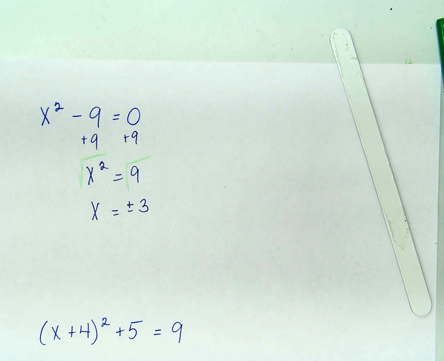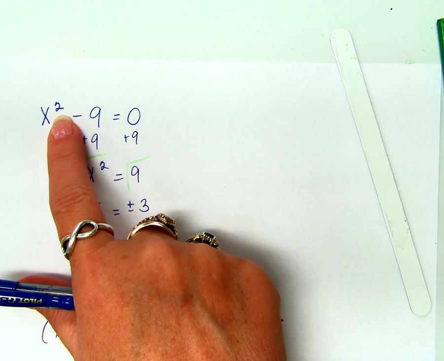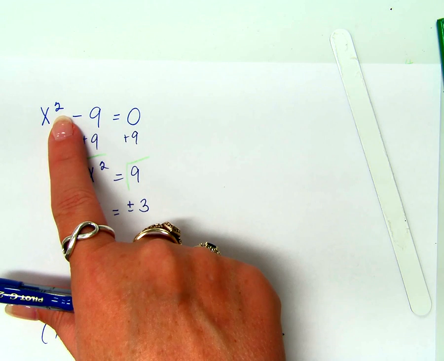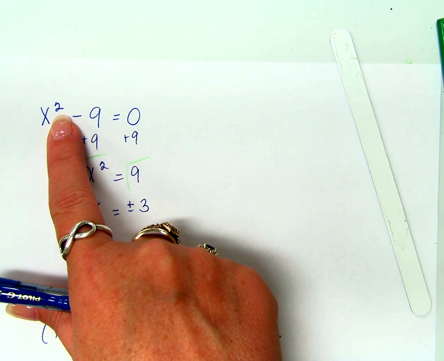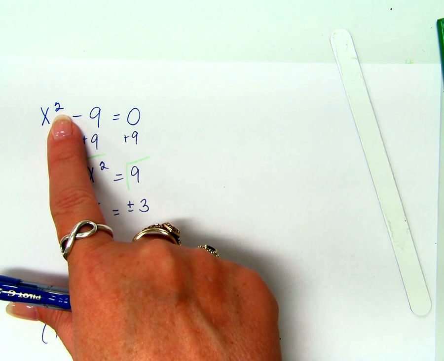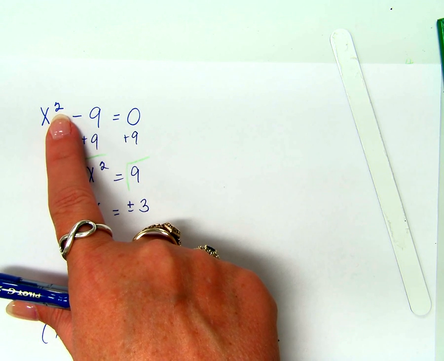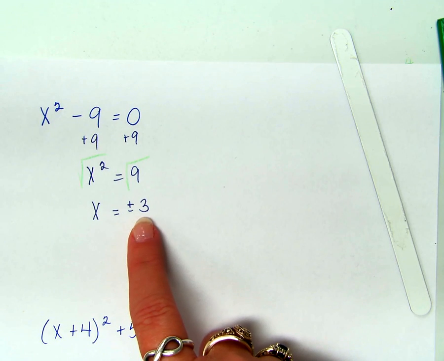Here's another way to think about it. Fundamental theorem of algebra says whatever the highest exponent is, that's the most answers you should get, right? How many answers am I supposed to get? 2, right? So positive 3 and negative 3. Now, you and I know it doesn't always work that way. Sometimes if it's a squared, we're only going to get 1 answer, and it happens to be a repeated answer. But think about it this way. If we have a squared here, we want to get 2 answers.